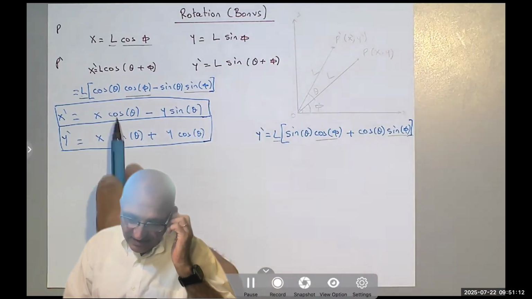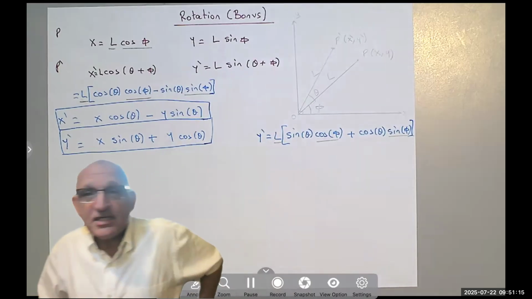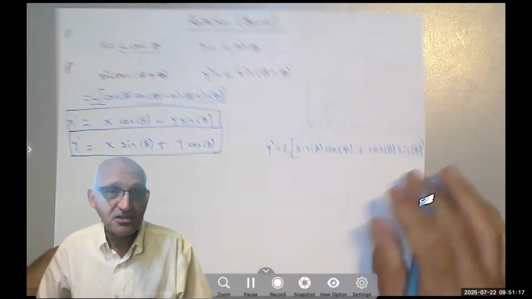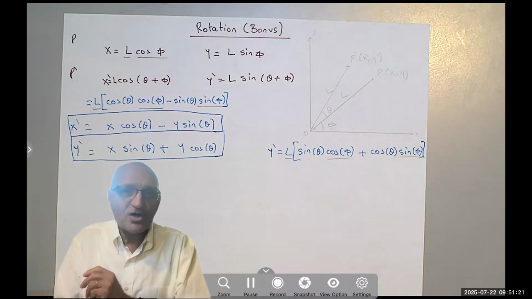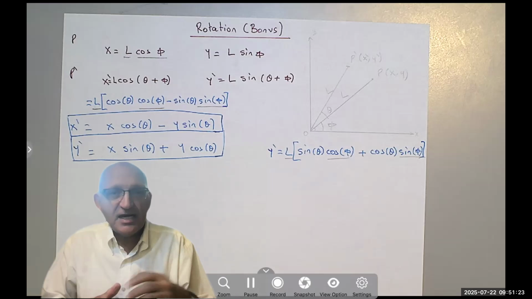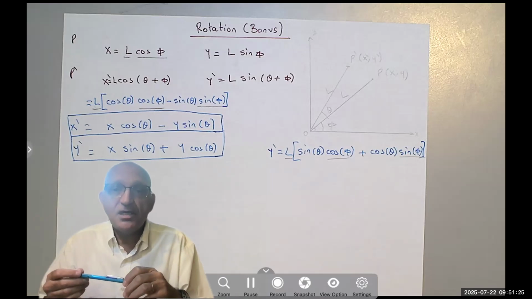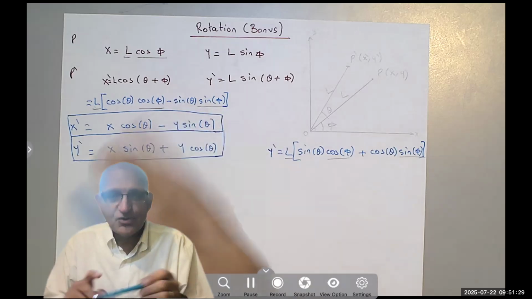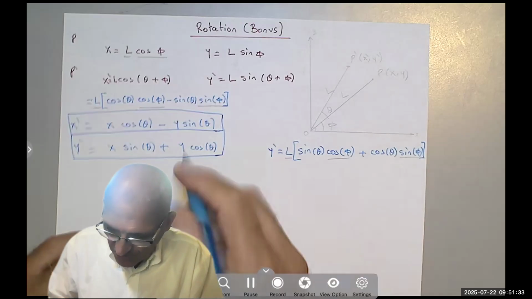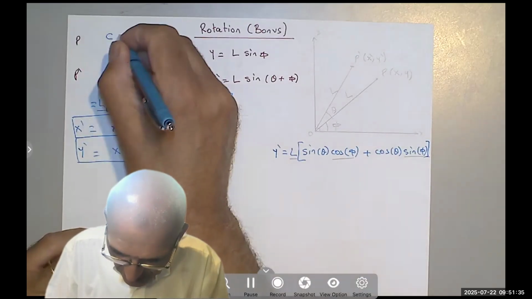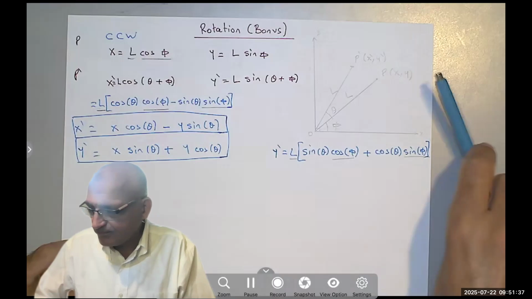If you take cosine, negative sine, sine, cosine, that becomes a matrix of rotation, counterclockwise rotation. We are not going to talk about that. Maybe when we elaborate more on matrices, we can show you that we can do this quicker. And notice, we said this is counterclockwise rotation.